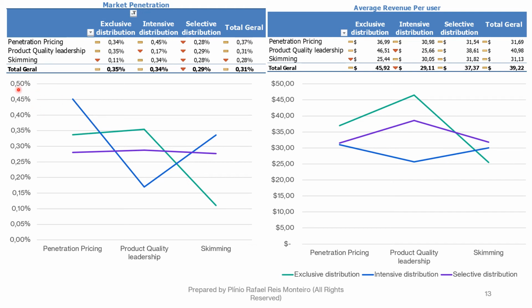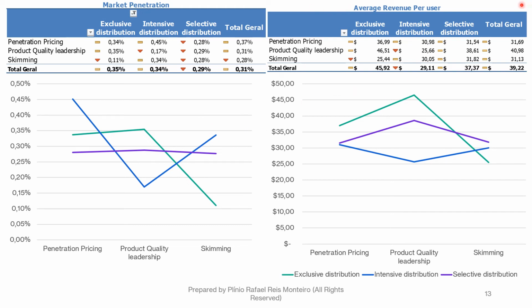So the market penetration will be higher. And also, if you're using skimming, this allows you to cover the entire market. So you start with high prices, reaching a few stores, but then you move to the entire market, reducing your prices, and then you need to have a broader coverage of the market.